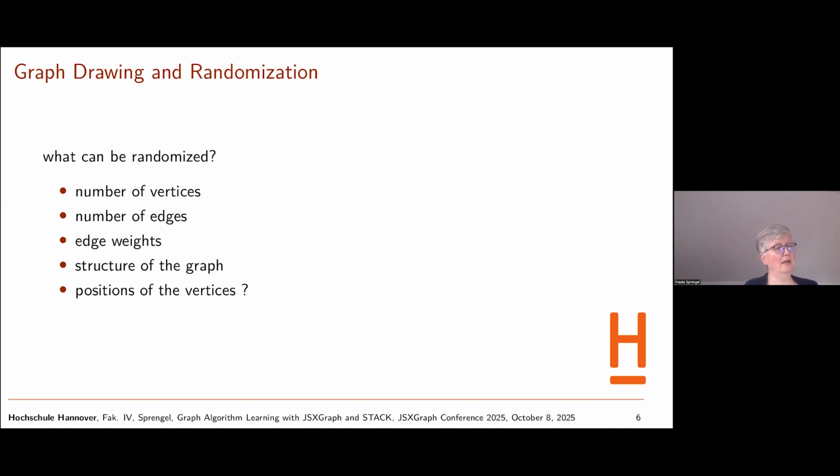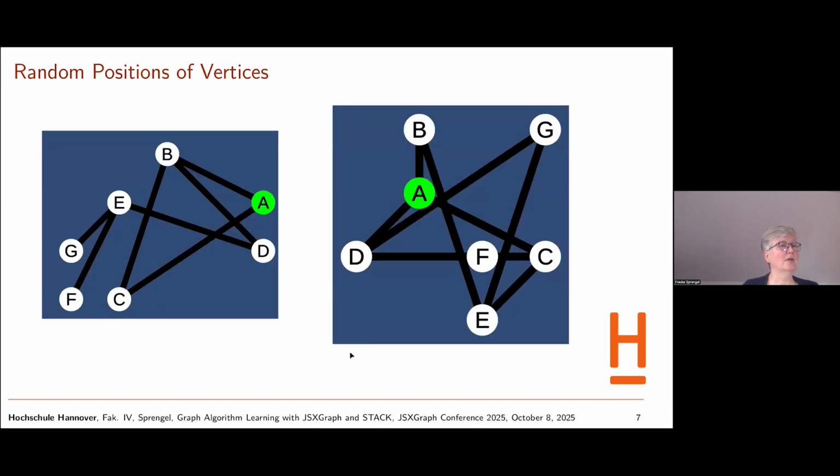And I had a student thesis last year, I guess. It was not in JSXGraph, and the student tried to randomize the positions of the vertices and came up with graphs like this. And if you think, how will I add the edges to a spanning tree?